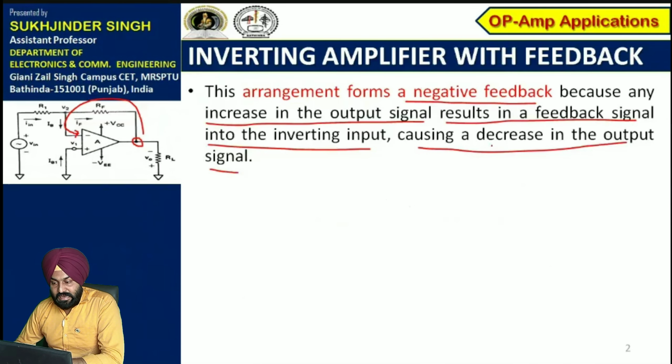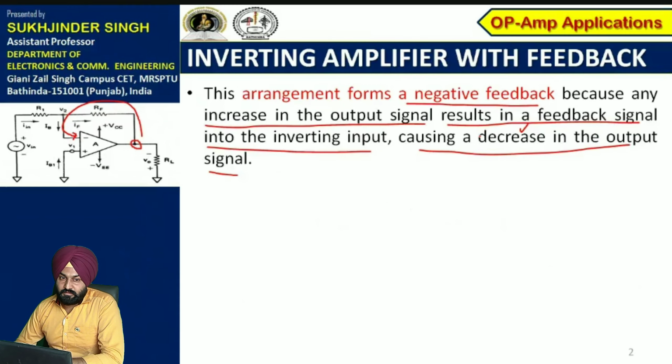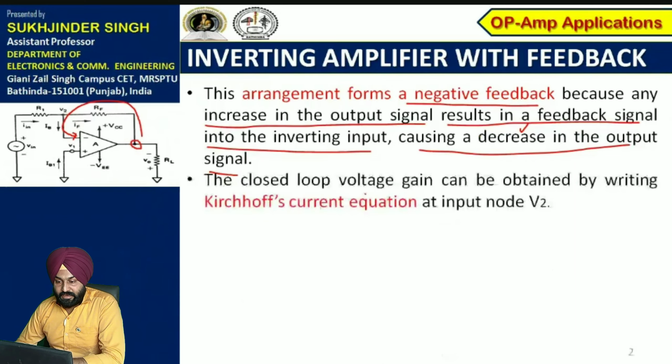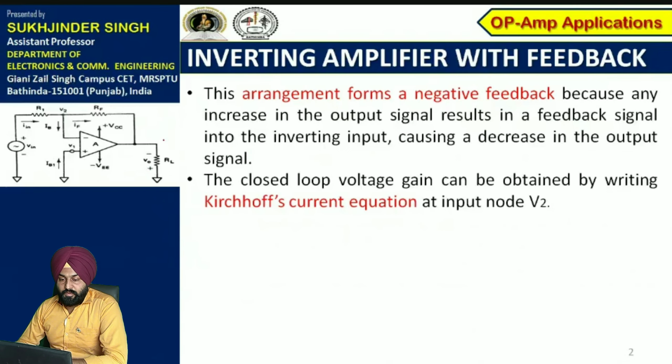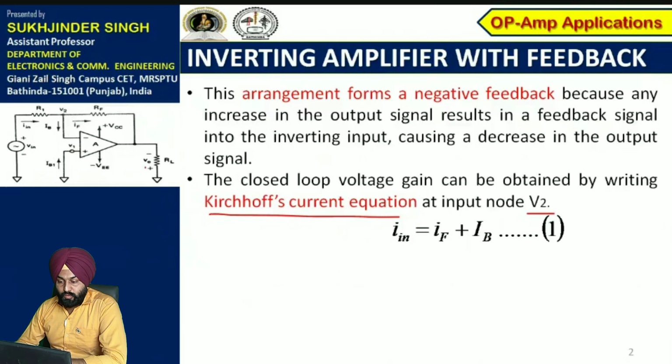That's why the output signal will decrease, and hence the feedback is negative. Now we can analyze the given circuit diagram with the help of Kirchhoff's current law at node V2.